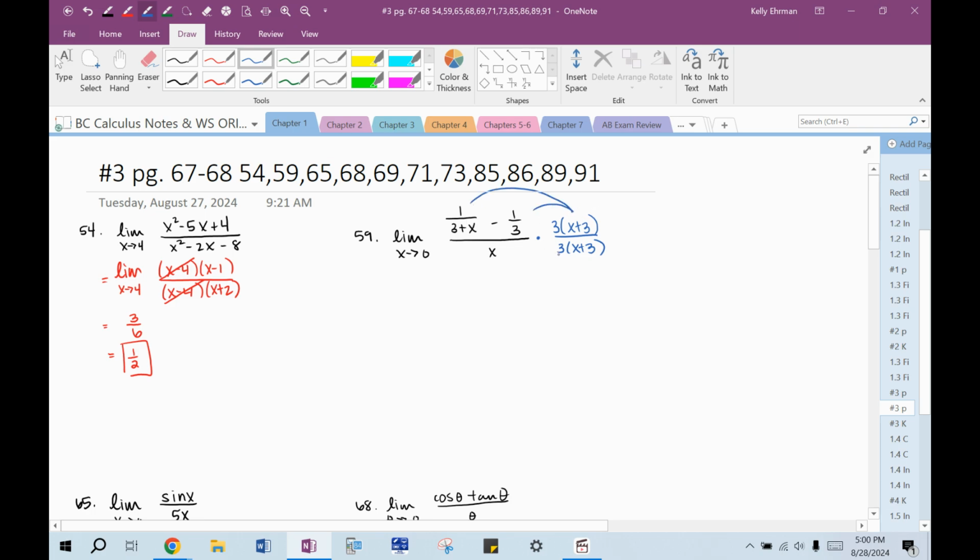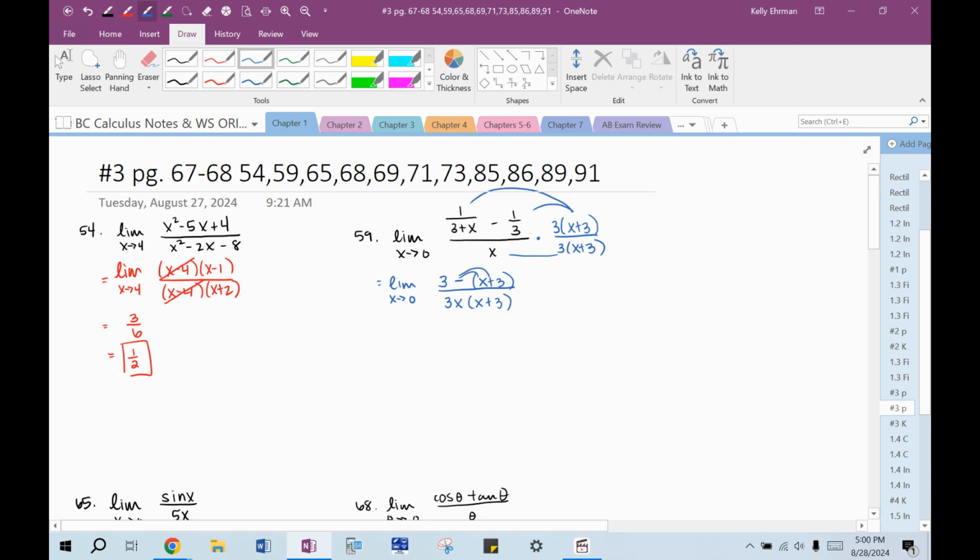And you can distribute this through. So now this is the limit as x approaches 0 of, so here the x plus 3's would cancel and I'd be left with 3, minus, here the 3's would cancel and I'd be left with the quantity x plus 3. Nothing cancels because there's no fraction in the denominator, so this would just be 3 times x plus 3.